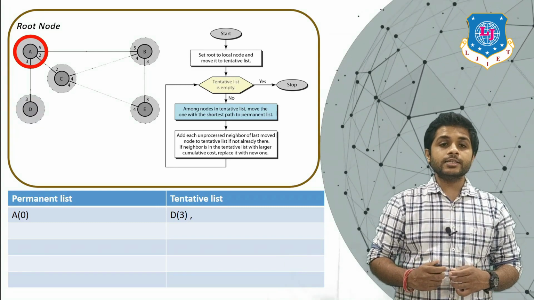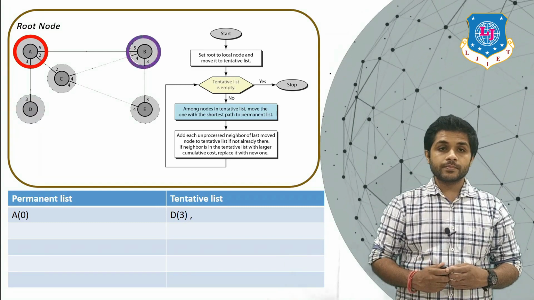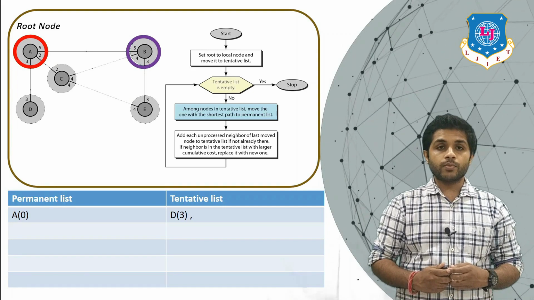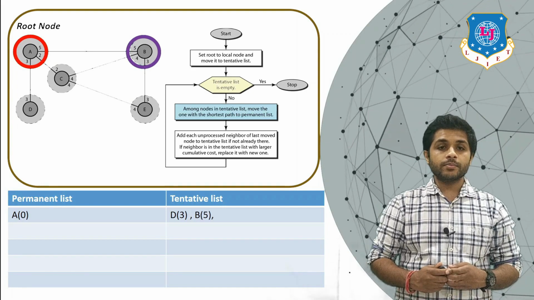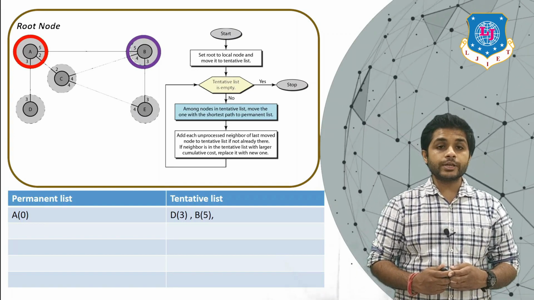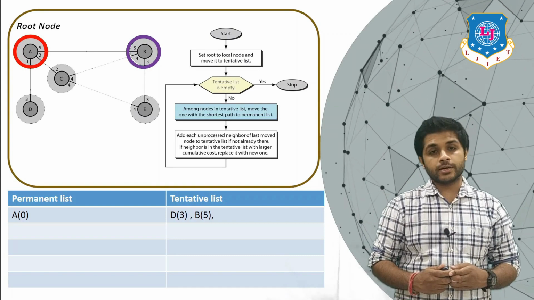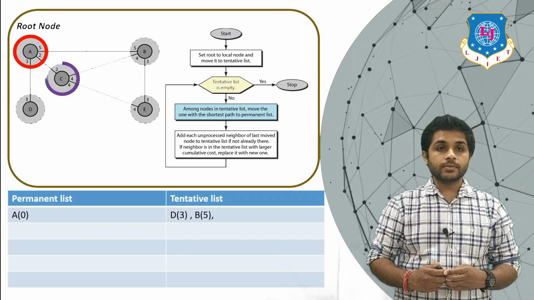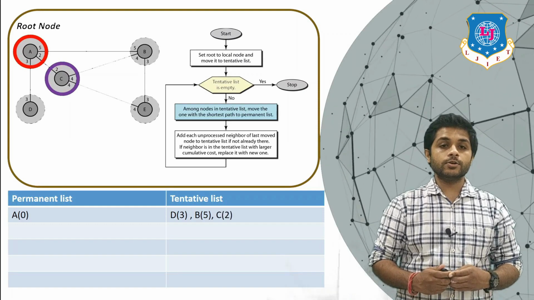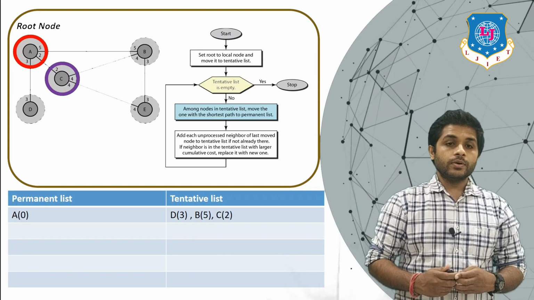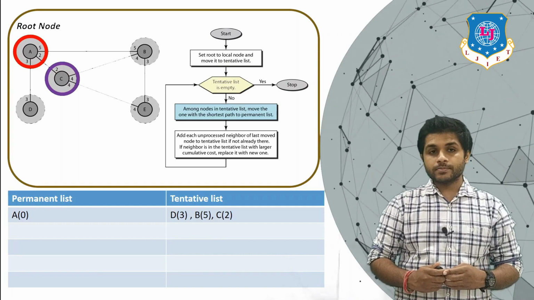The next adjacent node is B and we will add B to tentative list. Now what will be the value in the bracket? B5, because distance from A to B is 5, so B5 is added. And the last adjacent node, which is C, will be added into tentative list. So the first step is completed.